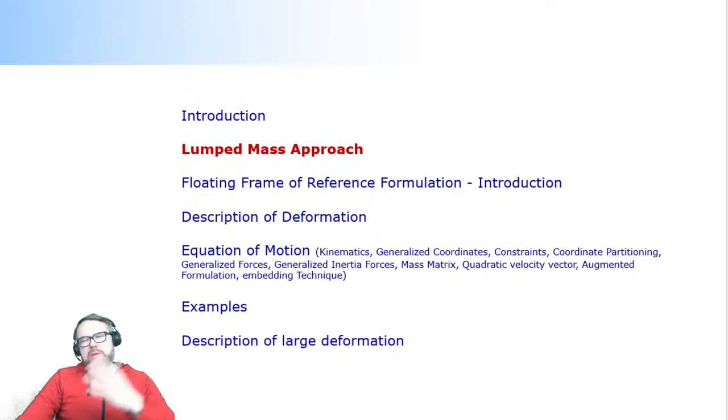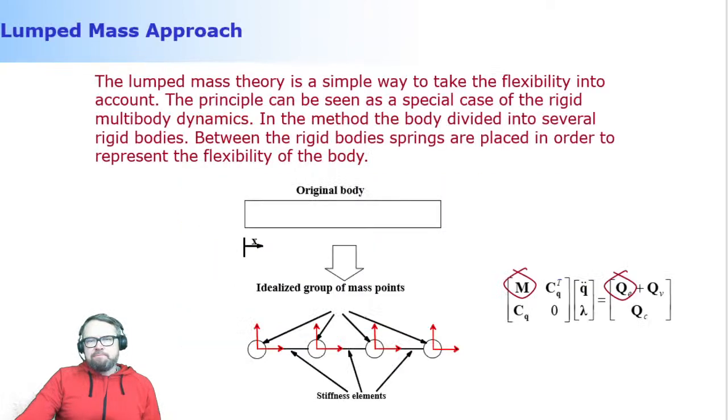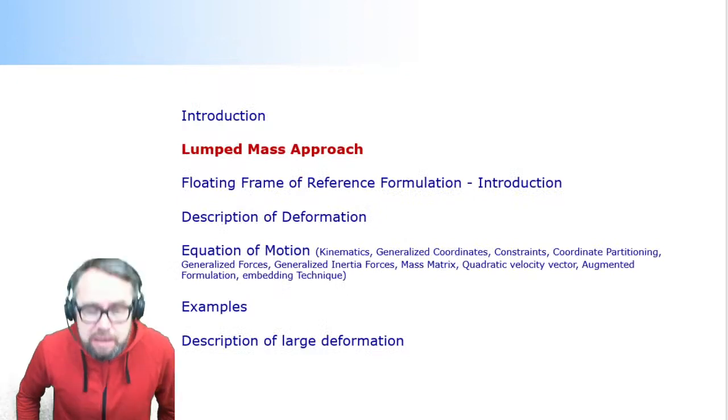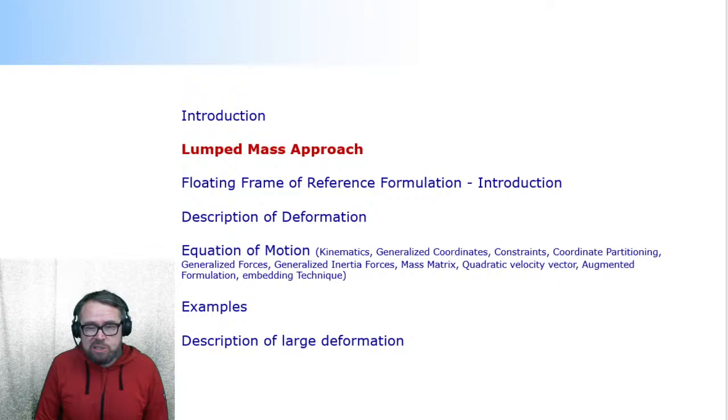It was simple: you first computed your structure by assuming everything to be rigid, and then, using a post-processing procedure, you afterwards estimated how much the deformation is. This was the very early way to describe the flexibility. And what came after that was this lump mass approach. The linear theory of elastodynamics title sounds really sophisticated, but it wasn't too sophisticated a method itself.